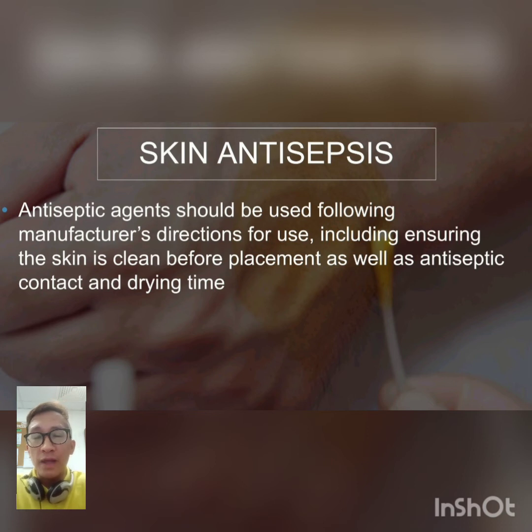So we need to take into consideration the contact time, the drying time, and any recommendation from the manufacturer so that we may be able to achieve the quality of the antiseptic solution or skin antisepsis that we are going to use in every procedure.